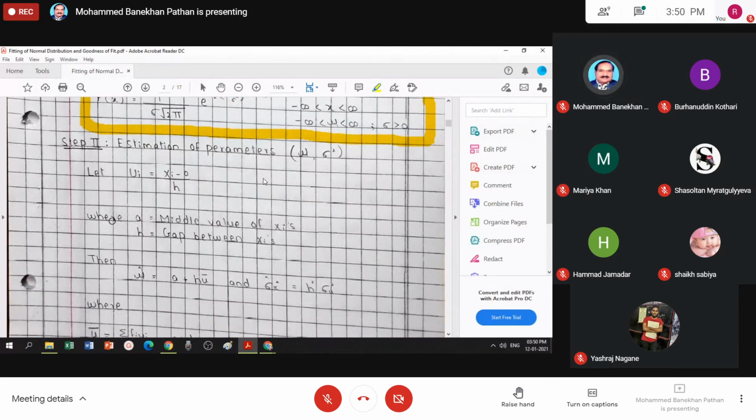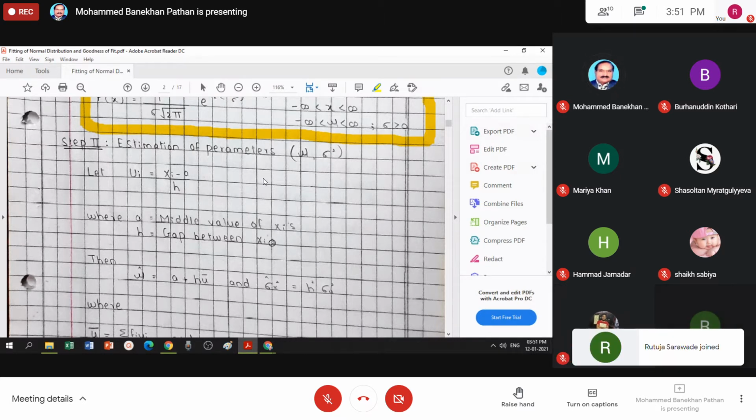For this, we write a new random variable u_i equal to (x_i minus a) upon h. What is a? A is the middle value of the x_i's. What is h? It is the gap between the x_i's. Why is this done?